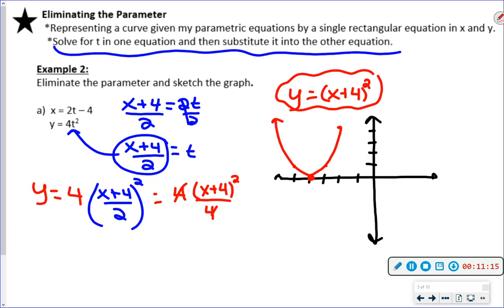Okay. Now, the other thing, the new, it's not exciting. I'm going to quit saying exciting because it's not, is we have to mark the direction of the path. Now, notice I don't have the crazy T-chart with the T, the X, and the Y. Can I make a crazy T-chart with it? Do I need to? What would be the direction of the path?